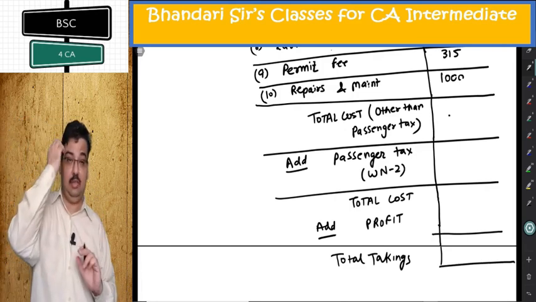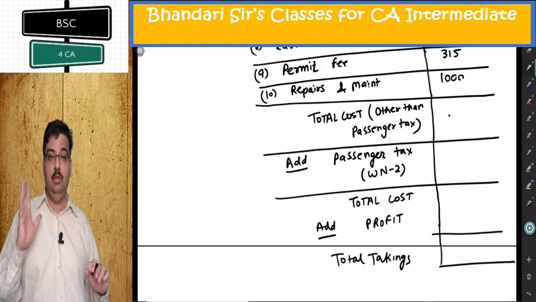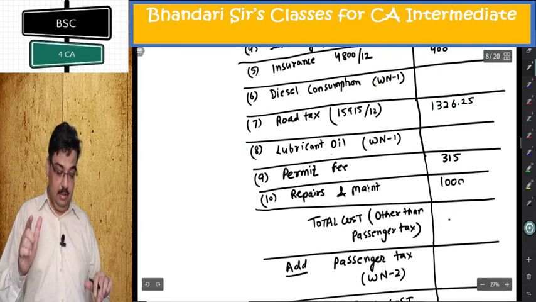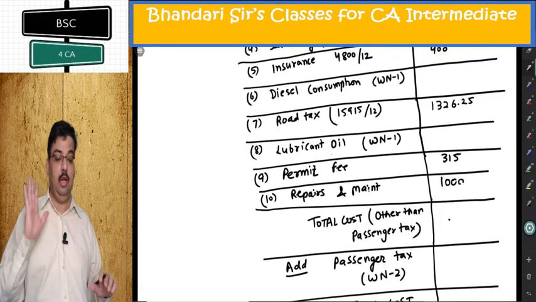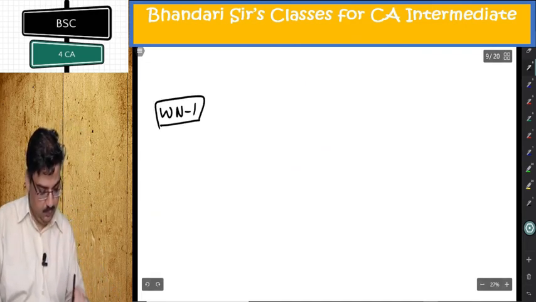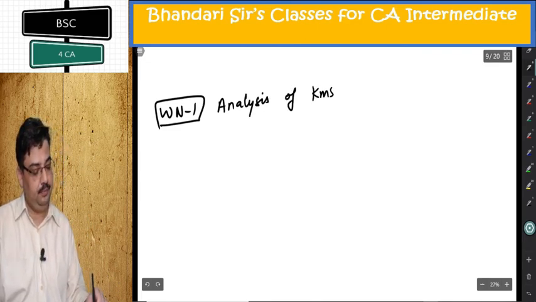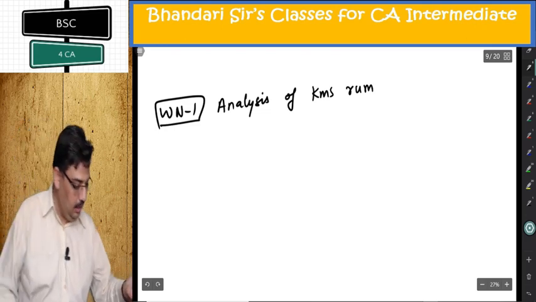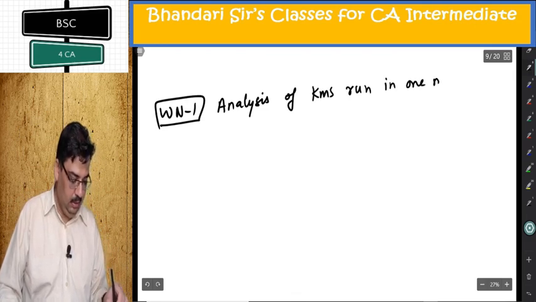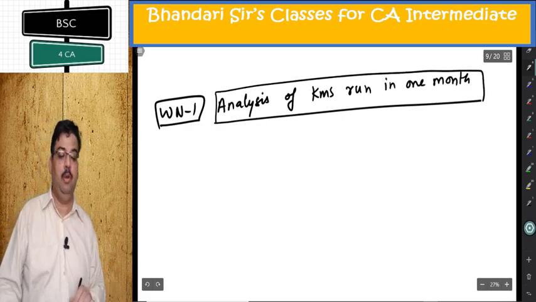My first task is to calculate kilometers run in 1 month along with fuel cost, that is diesel consumption, and lubricant oil. So working note 1 is what I am looking at. Analysis of kilometers run in 1 month, and then diesel cost, diesel consumption and lubricants.